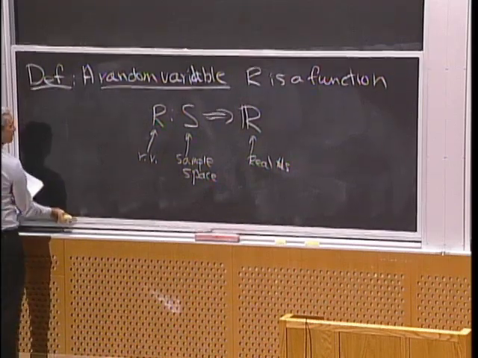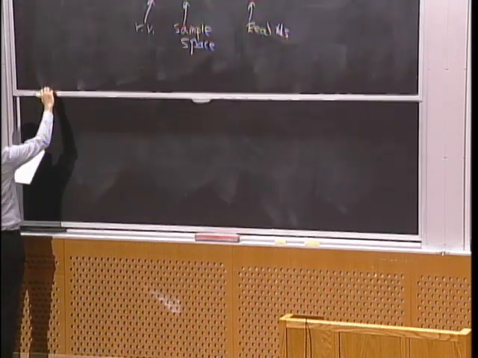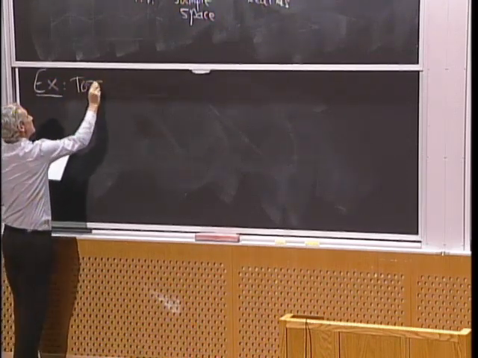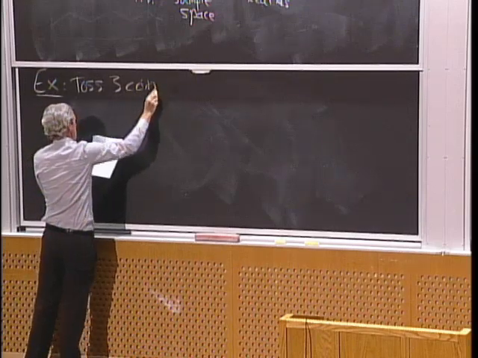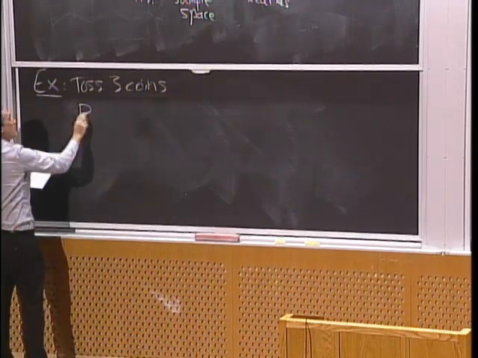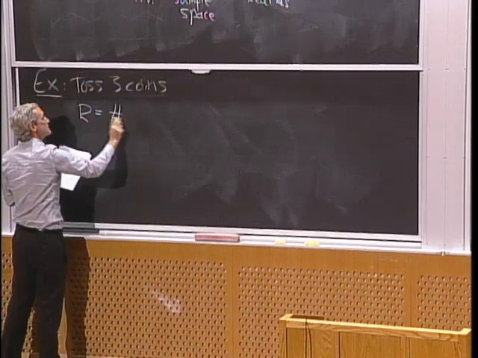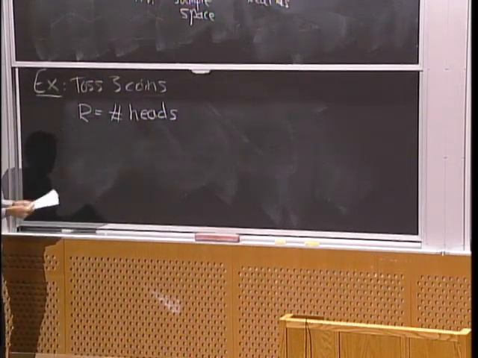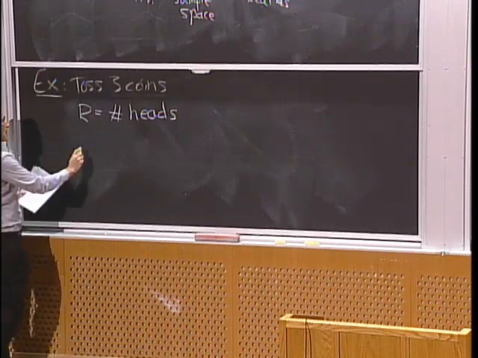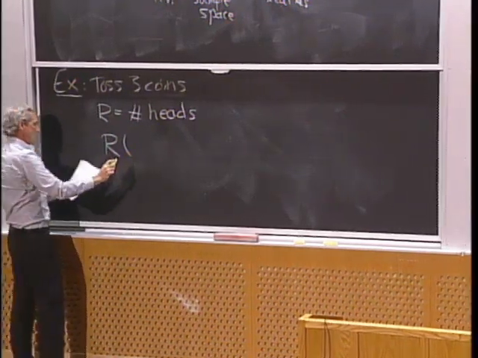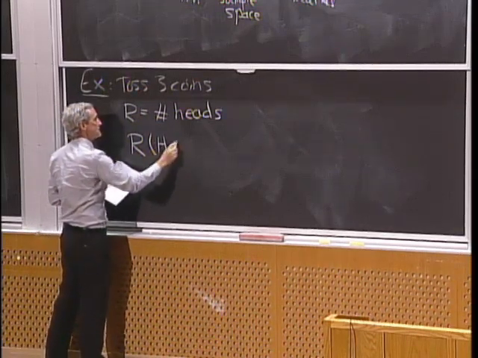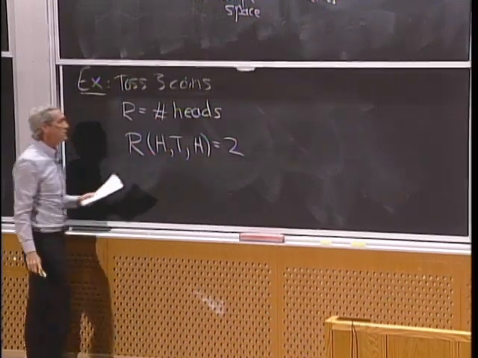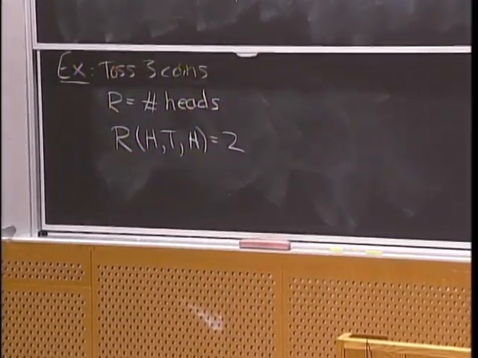For example, say that we toss 3 coins. We could let R equal the number of heads among the 3 coins. And R is thus a random variable. For example, for the outcome where the first coin is heads, the second is tails, and the third is heads, R would be the real number 2, indicating you got 2 heads in that outcome.